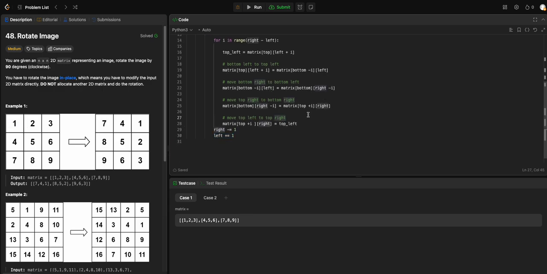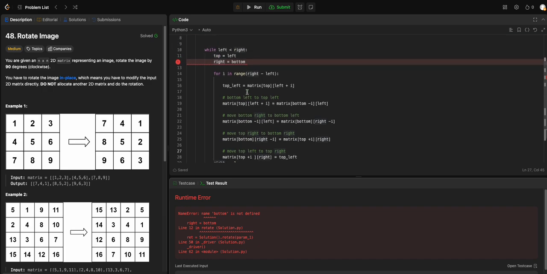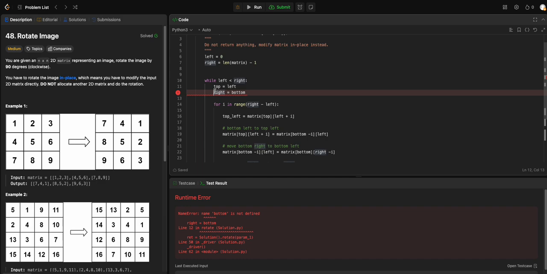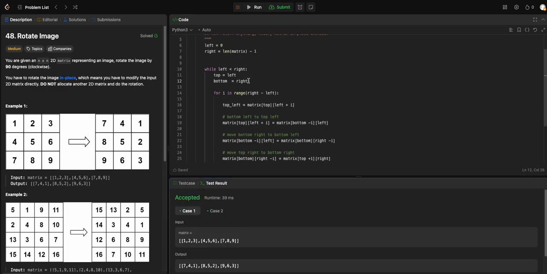So if I did not miss anything, this should be the solution. Someone spell it bottom, so bottom is equal to right. I may have misplaced it, but yes.